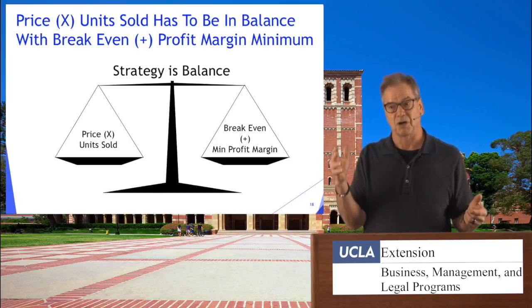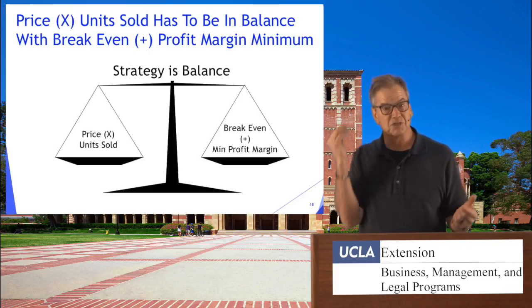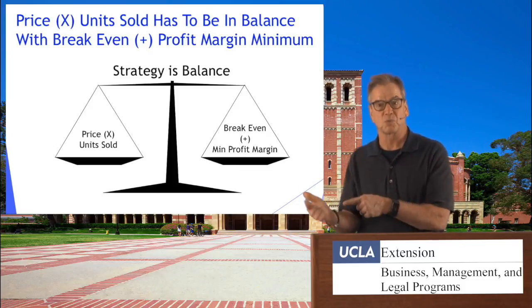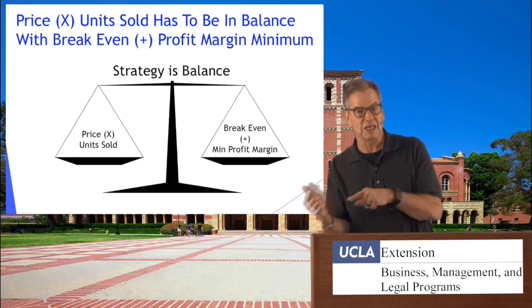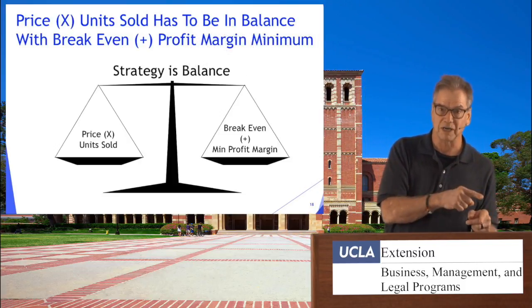That is another price point, if you will, necessary to survive. So how much does it cost to run our business plus a profit margin? And that's got to be equal to whatever we're selling times unit price.